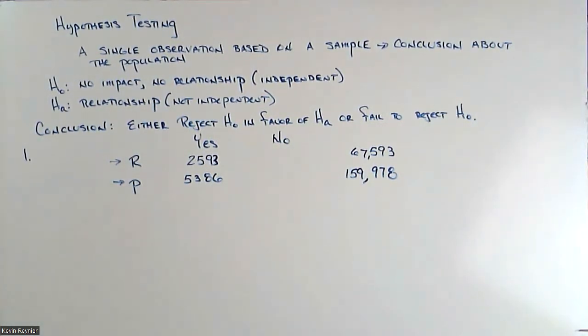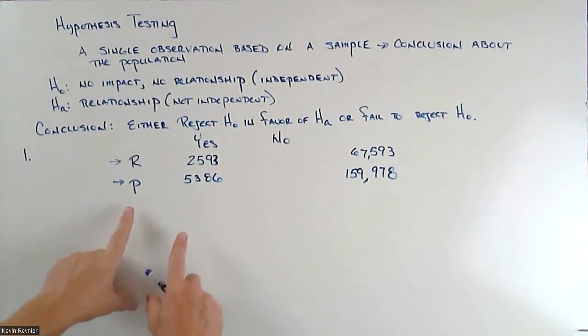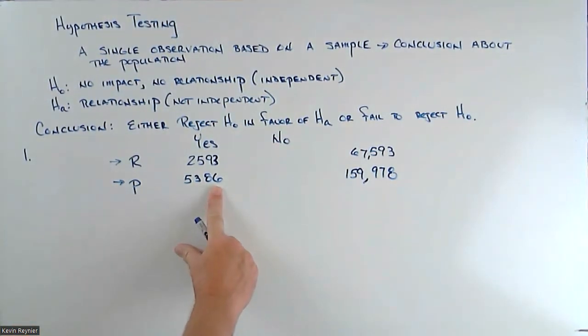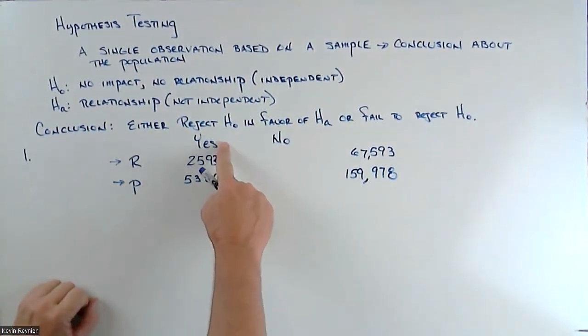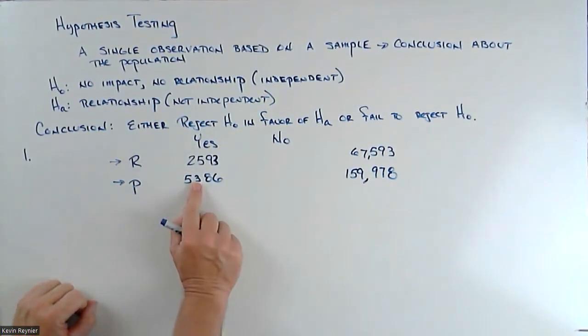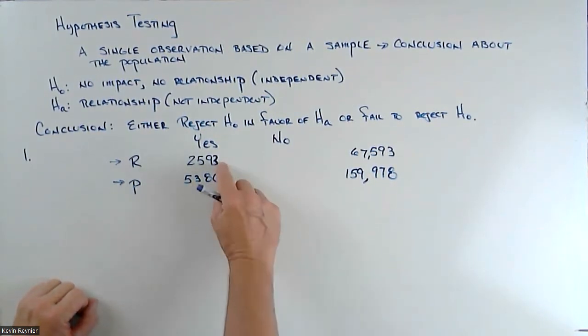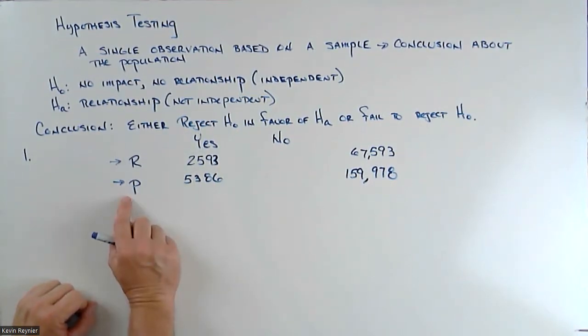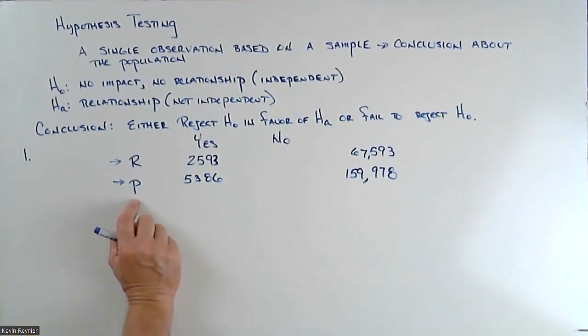So statement A says, since more patients on this drug, 5,386, had problems, yes, they had problems, than the number of patients on this drug, we can conclude that the rate of cardiovascular problems for people on the drug that started with a P is higher.